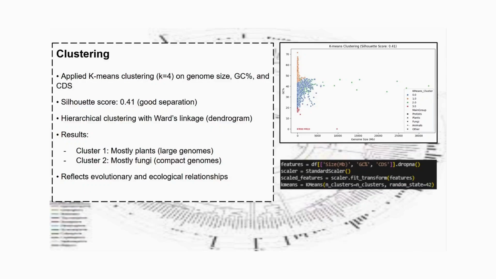We also used hierarchical clustering with Ward linkage, which produced a dendrogram clearly aligned with known taxonomic groups, as shown in the graph. For example, cluster 1 was mostly plants with large genomes, and cluster 2 had fungi with compact genomes. These results show that genome features naturally cluster in ways that reflect evolutionary and ecological relationships.